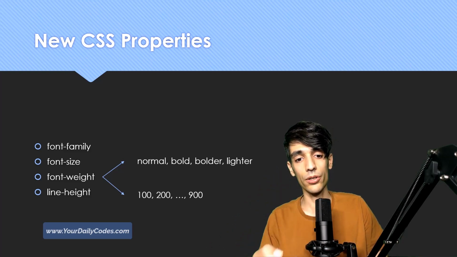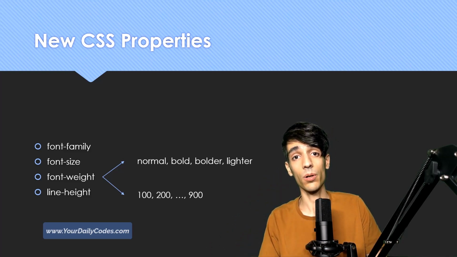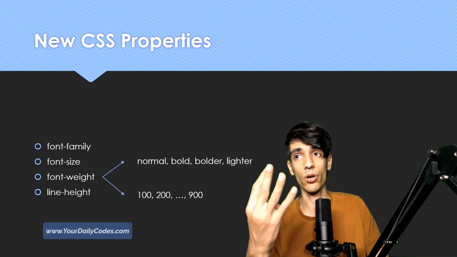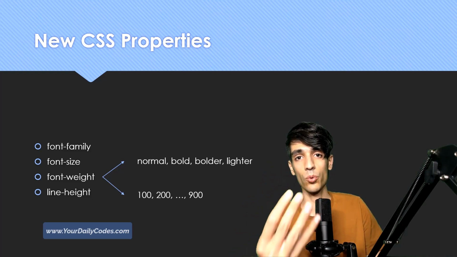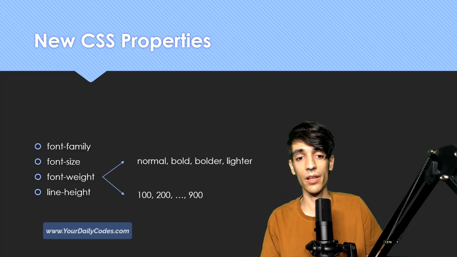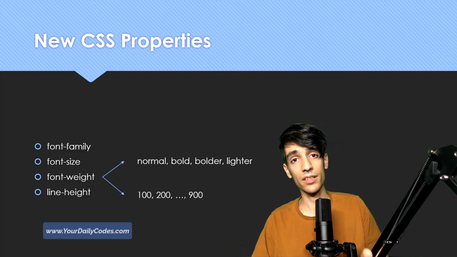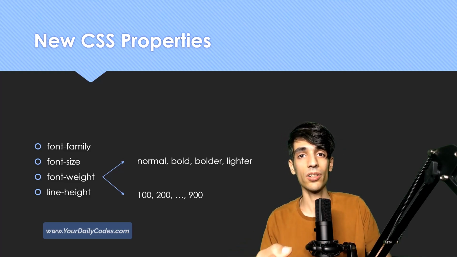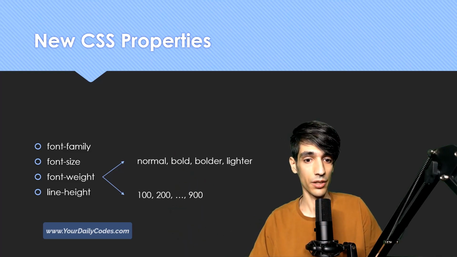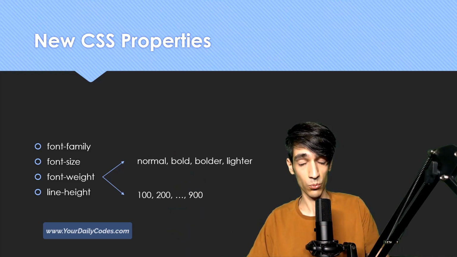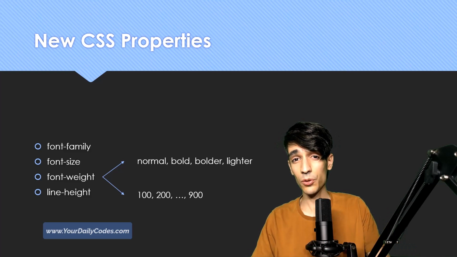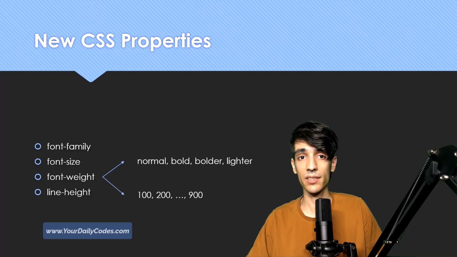Some of them are words, like the default one is normal, which is like 400. 400 is normal and it is the default value, but we have other values like bold, bolder, lighter, and the numbers are like 100, 200, 300, 400, and until 900. And the more font weight that we have, the bolder the text gets.